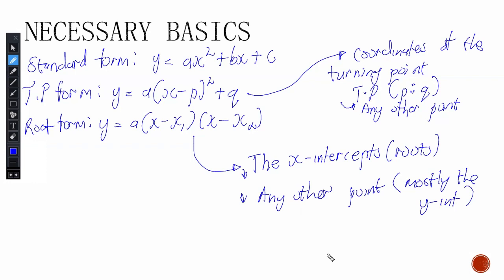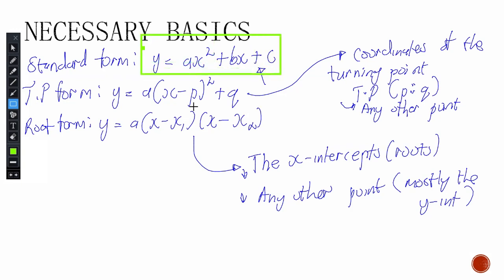Okay, so we have the turning point form and the root form. Then it is all a matter of changing either the turning point form or the root form back into the standard form. Most of the time when they say find the equation of the parabola graph, they want you to calculate it in terms of the standard form, unless stated otherwise.